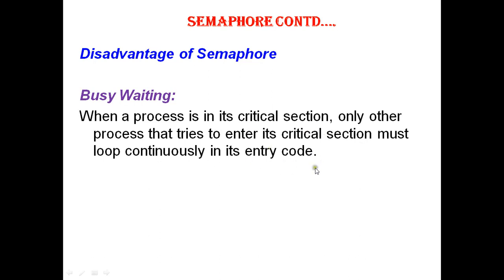Meaning, whenever process P1 has entered its critical section and another process tries to enter, until the execution of P1 is over, P2 will continuously keep waiting inside the entry section itself, looping continuously. That is the major disadvantage of semaphore: busy waiting.